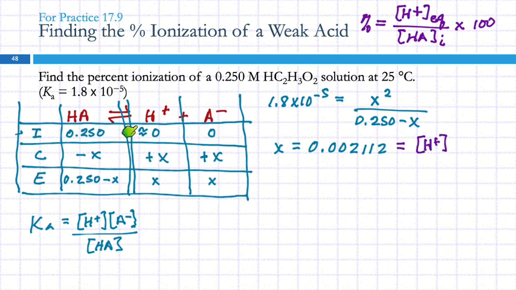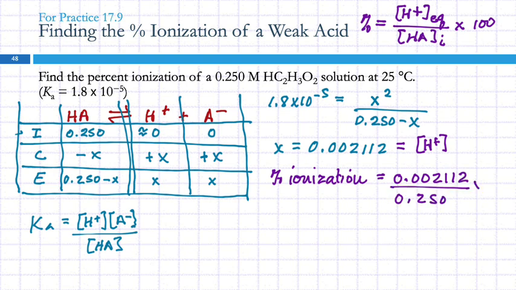We're going to get to some problems where what we end up with is not just x, and so we do have to be a little careful. We can't just assume that x is always the hydrogen ion concentration. So percent ionization is going to be 0.002112 divided by 0.250 times 100.